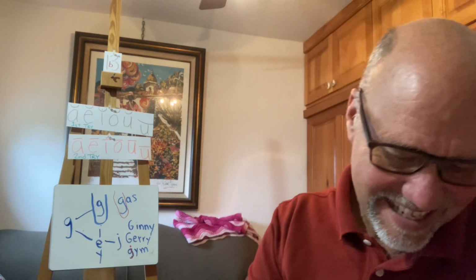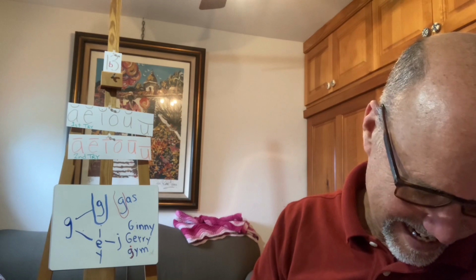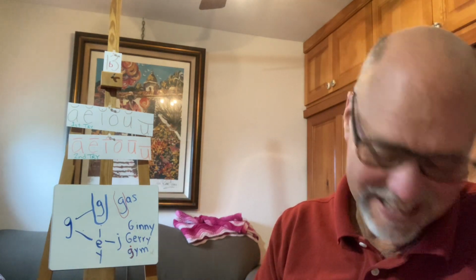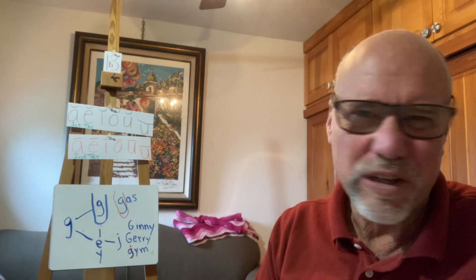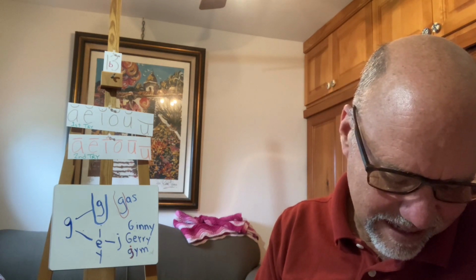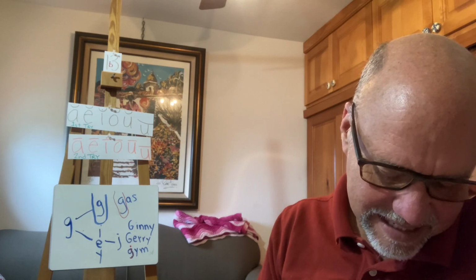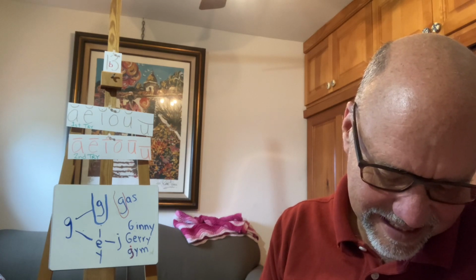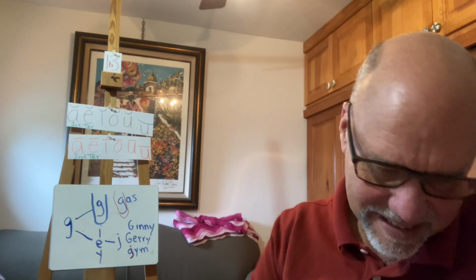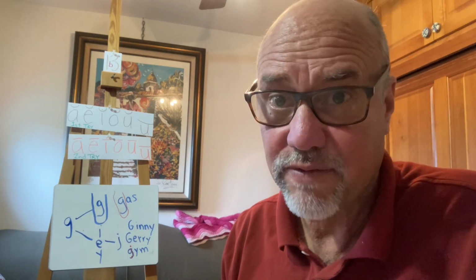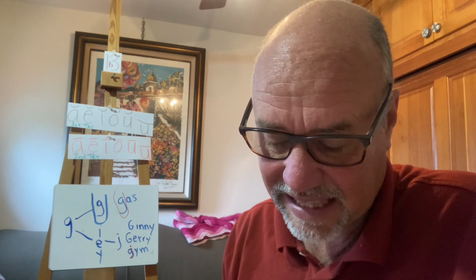Okay. Next word. Gelatin. It's going to be a G. You could spell it with a J, but it wouldn't look right and wouldn't be correct. Okay. Track and see if you got all those sounds. Gelatin, right?